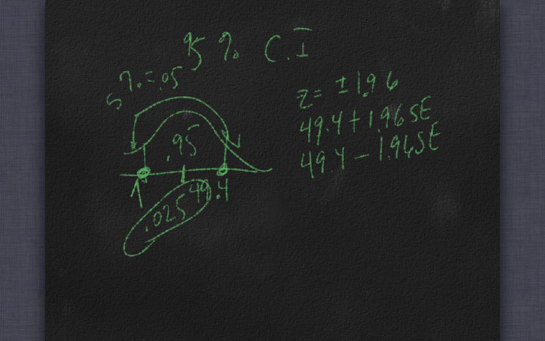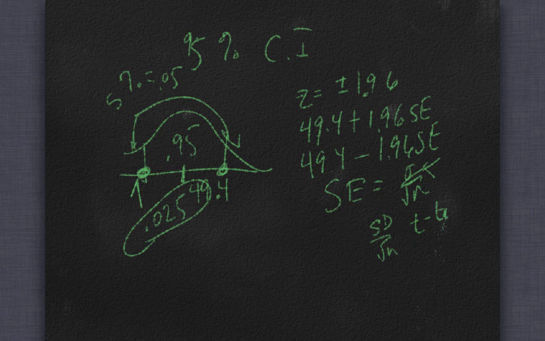And the standard error for sample means is the population standard deviation divided by the square root of the number in the sample. Now normally we're not going to know this, right? So we approximate it using just the sample standard deviation, but then we need to use a t-table instead. So we wouldn't use 1.96, we'd use a different number.